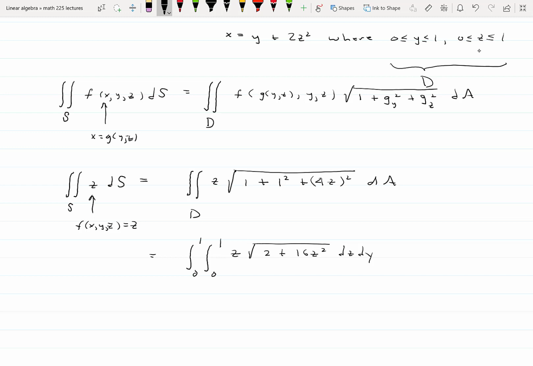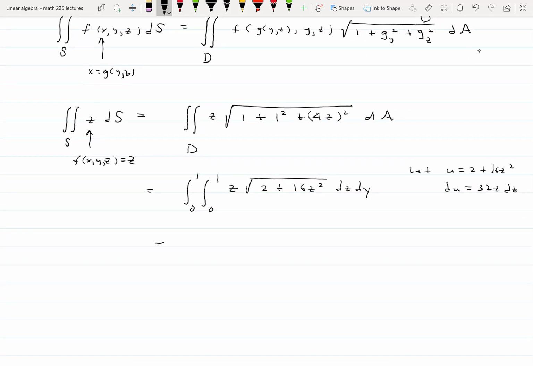This is a very simple u substitution. Let u equal 2 plus 16z squared. I'll find du. du is 32z dz, and there's where our z dz comes into play really nicely. So this is a very simple integral. If you need help on it, just shoot me an email, and I will perform the antiderivative for you.